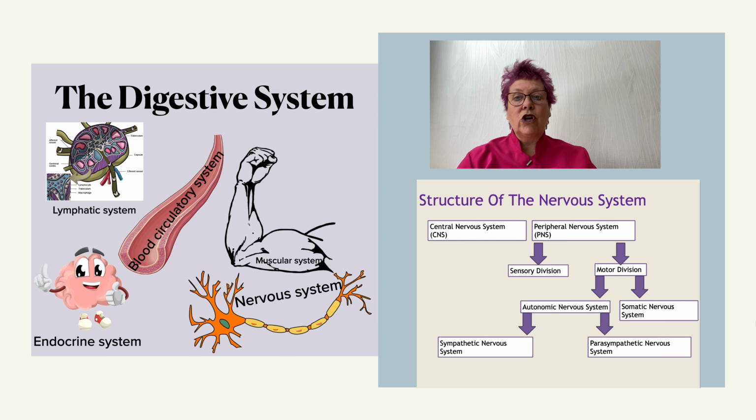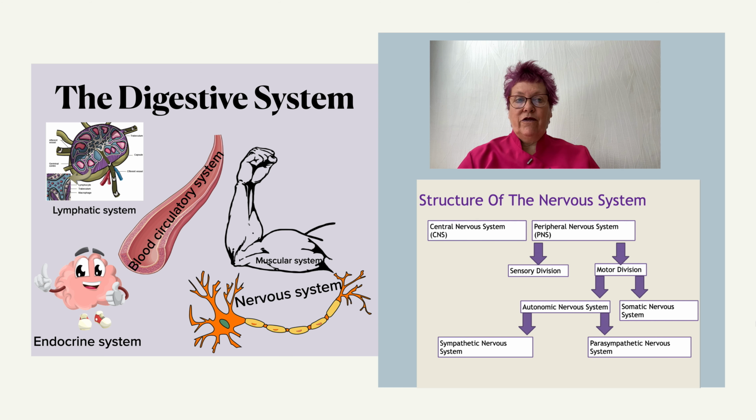And then we have the autonomic nervous system. This is the system that controls things automatically. So if you think about automatic, autonomic, this is the system that's involved with the process of digestion. And within that, it's further divided again into the sympathetic nervous system, or division, and the parasympathetic nervous system, or division.